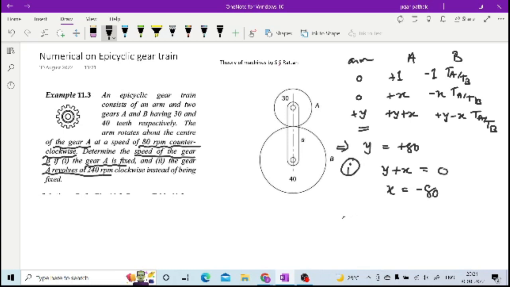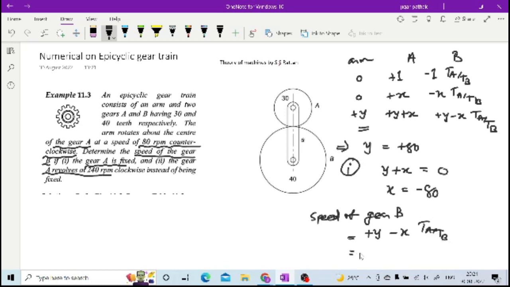Once you know x and y, you can calculate the speed of gear B. Speed of gear B is equal to plus y minus x into TA by TB.